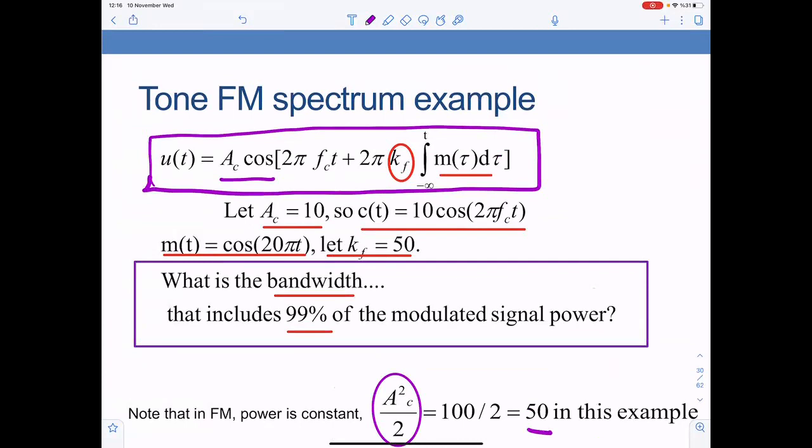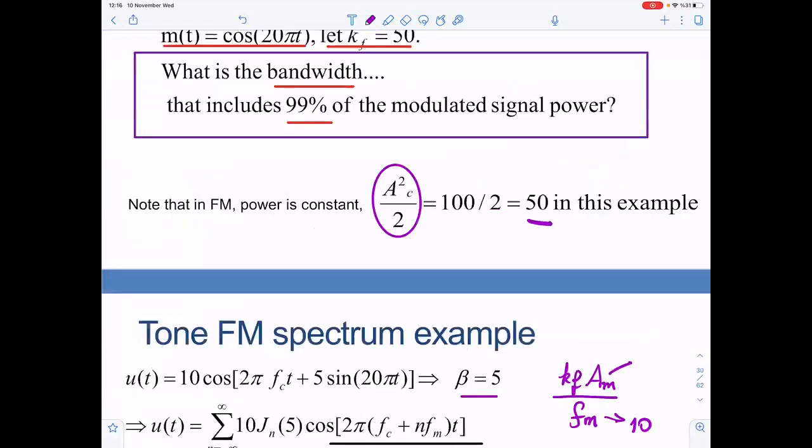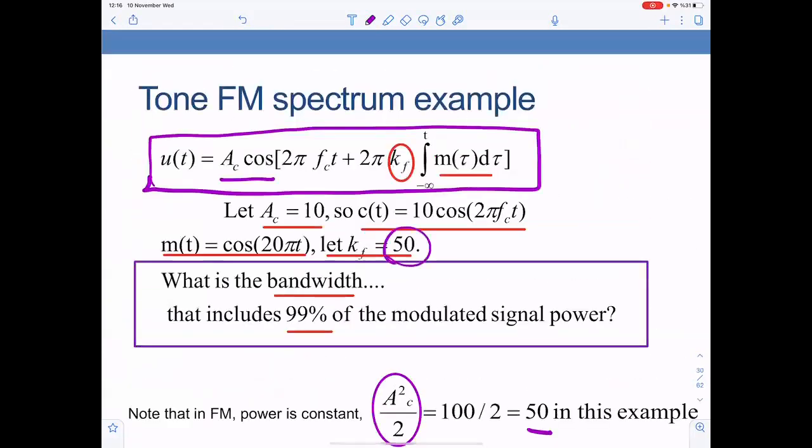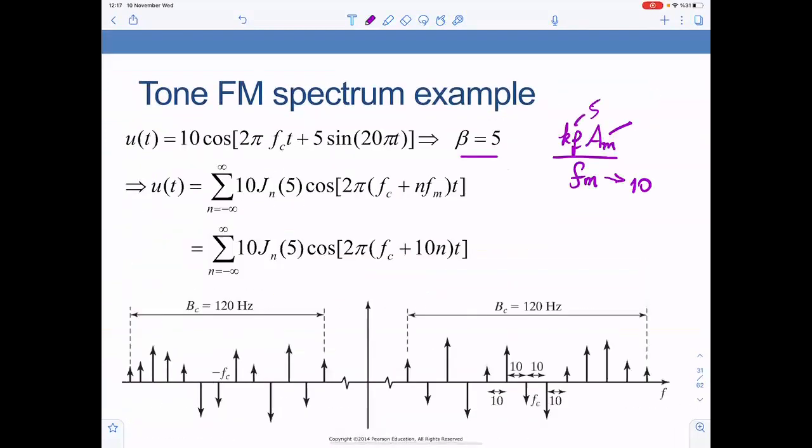AM is the amplitude of the message signal, and its maximum amplitude is 1. And FM is 10, right? And KF, let's see, is 50.